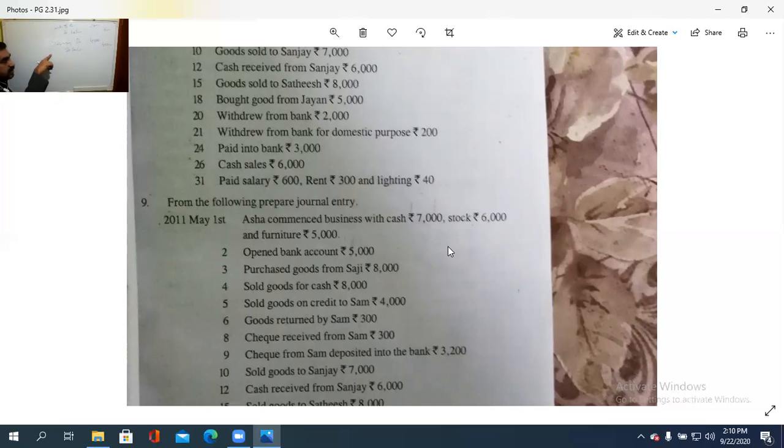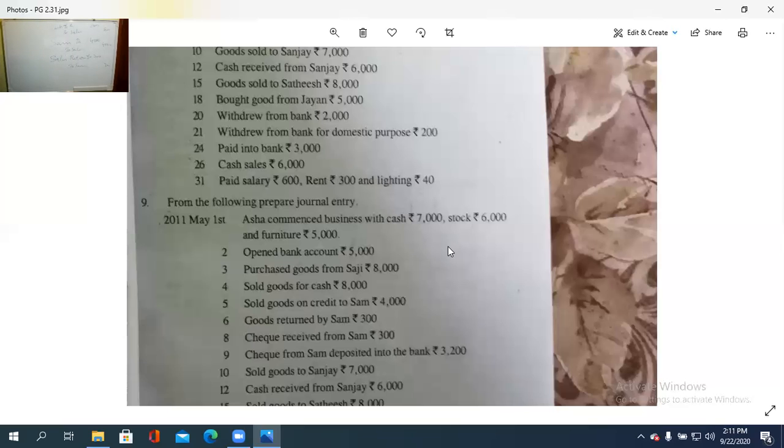Goods sold are returned. So sales returns account debit to Sam, because Sam returned the goods. So the sold goods that are returned come back to us, isn't it? So goods returned by Sam, it is 300. Out of 4,300, he returned 300.